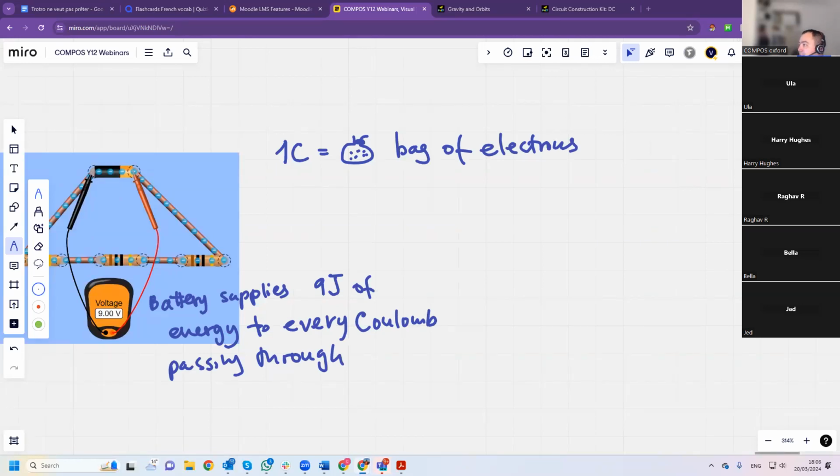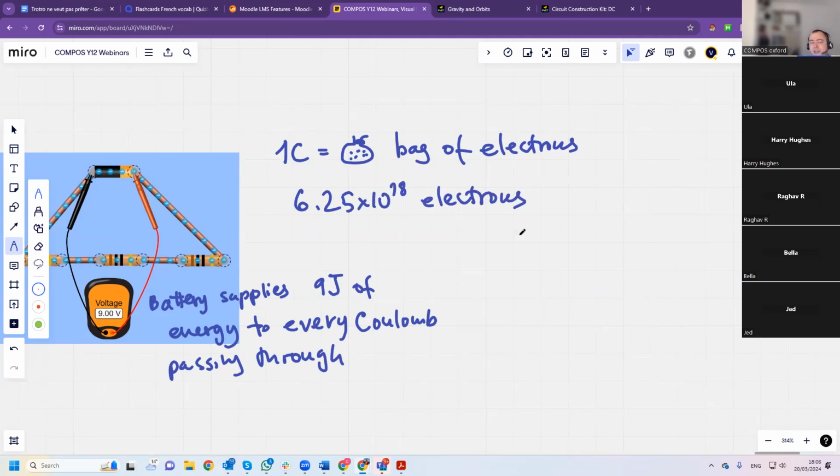Very good. 1 divided by elementary charge. Absolutely, that is correct. It's 6.25 times 10 to the 18 electrons.